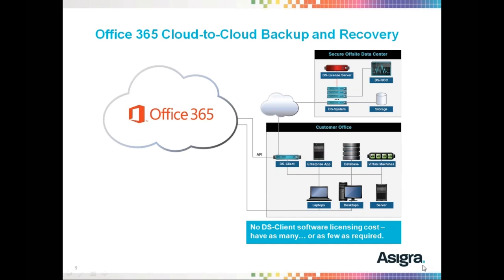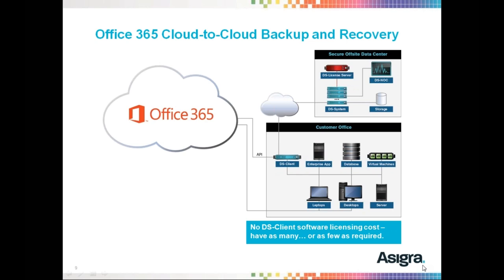From the DS-NOC, we will talk to Office 365, get the complete Exchange and SharePoint profile, and bring it down, and then you can select what you want to back up. Once you select the list of backup sets, an XML file is deployed. The DS client will pick it up and create all the backup sets that need to be run as far as data protection, whether it's Exchange only, SharePoint, or both.